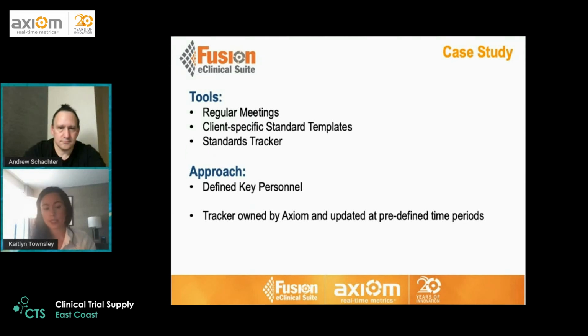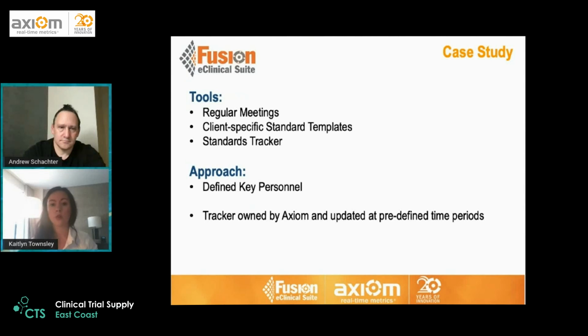From developing the standards, it was decided in this example that Axiom would be the owner of tracking the standards, so tracking the overall standards and then also ensuring that each study matched those standards. And then figuring out the predefined time periods when we're updating those.